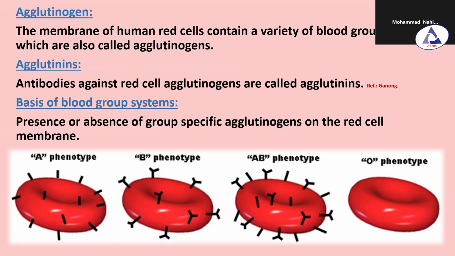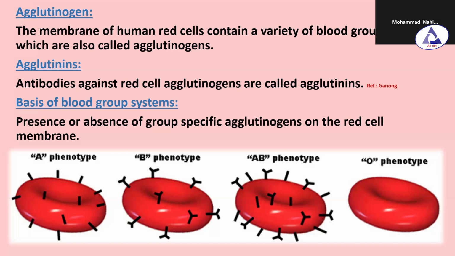So, agglutinogen must be present on the red blood cell membrane. Remember this very carefully, because the external viva examiner will ask you where the agglutinogen is located. Your answer will be: all the agglutinogen or antigens are located on the membrane of the red cell.